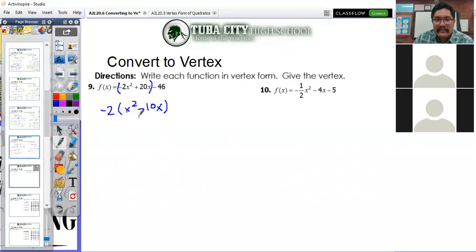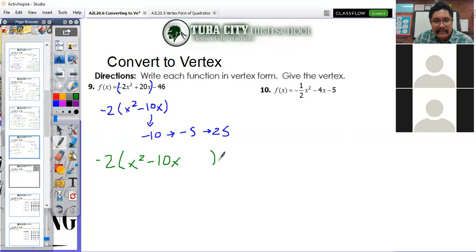Now we can get our 10, our b value. So we take it, half it, square it. So half of -10 is -5. -5 times -5 is +25. So we end up with, well, 25. -2x squared minus 10x.